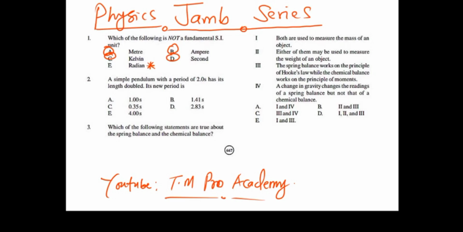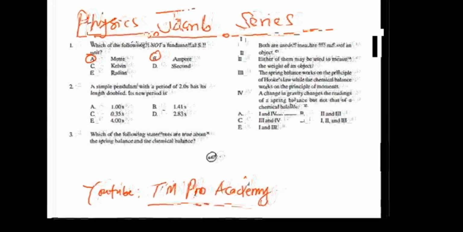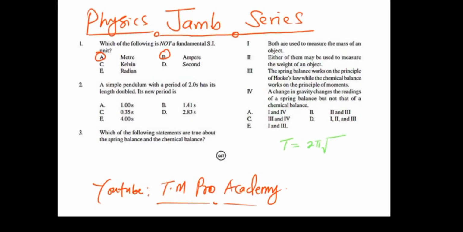Okay, so let's look at number 2. A simple pendulum with a period of 2 seconds has its length doubled. Its new period will be what? With this, they want us to remember the formula to calculate the period of a simple pendulum. T is equal to 2 pi square root of L over g, right?